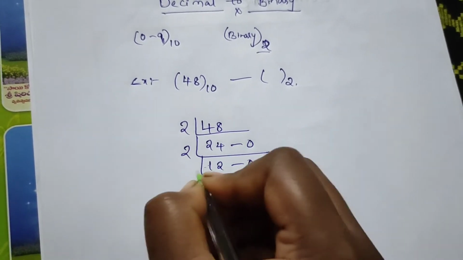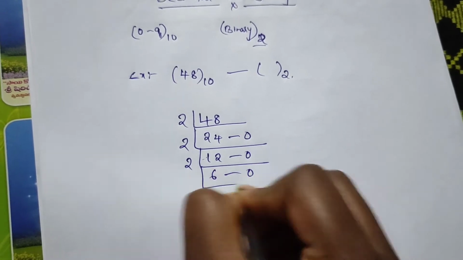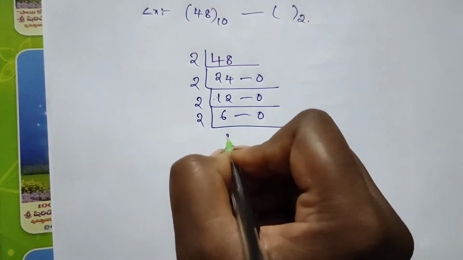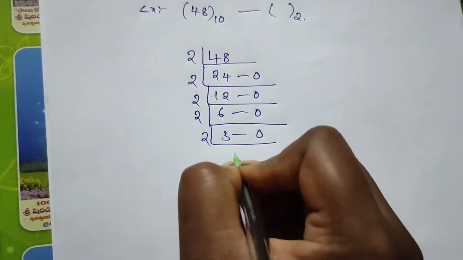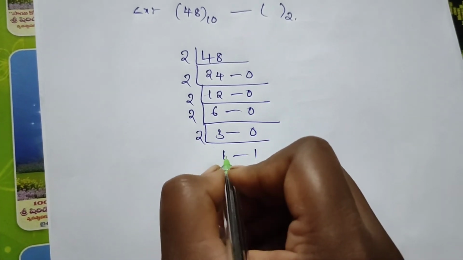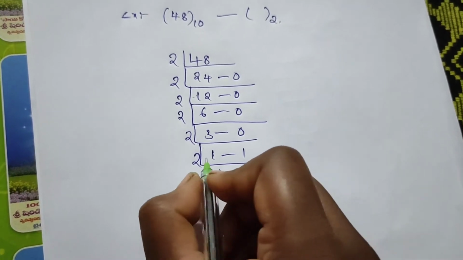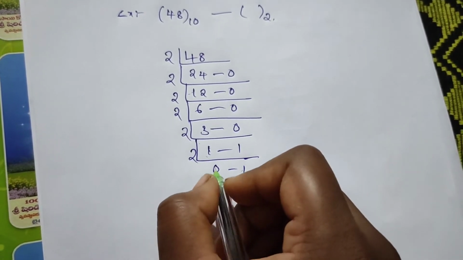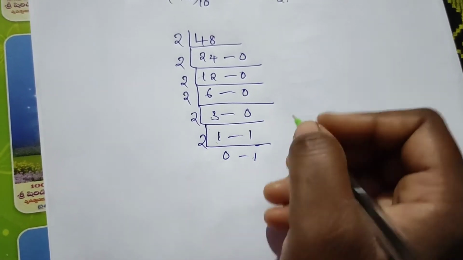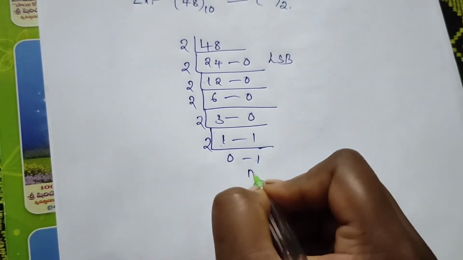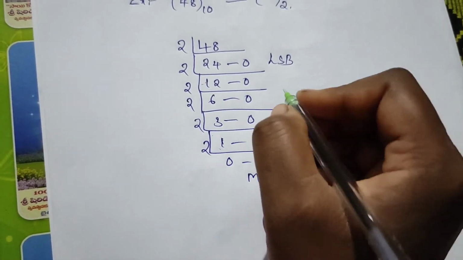Divide in this way and note down the remainder. Repeat till it is not divided by 2. So division is completed. The first obtained remainder is LSB and the last bit is MSB.